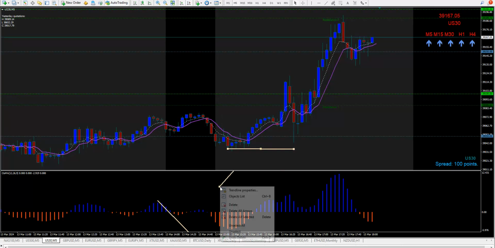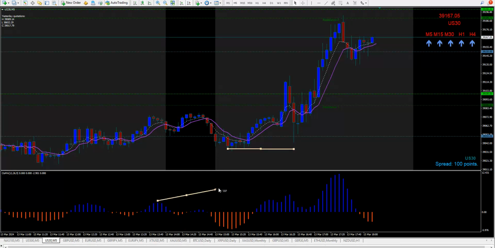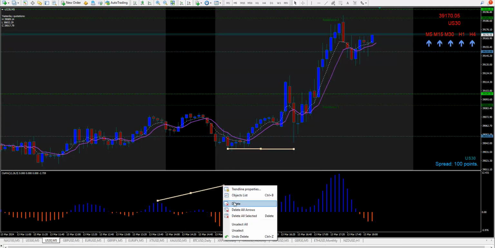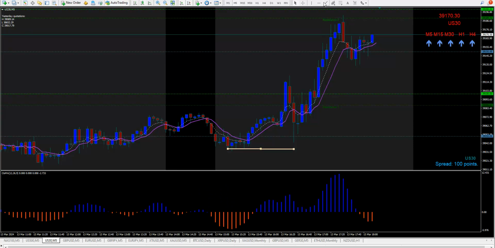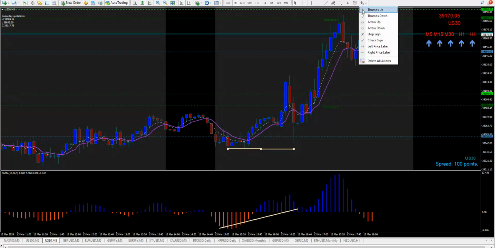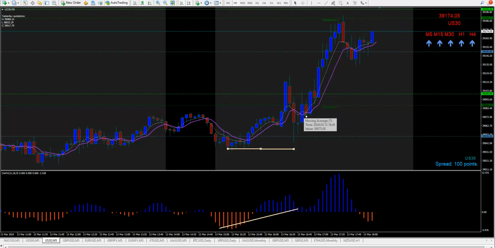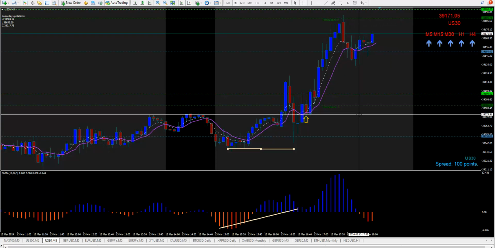No, don't want to delete the OSMA. The trend lines, that's what I want to delete. Okay. Right from here, right up into here. We had a trade on the Dow, and you would have got long right here on the close of this candle.